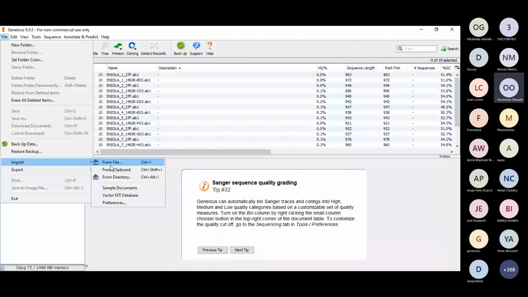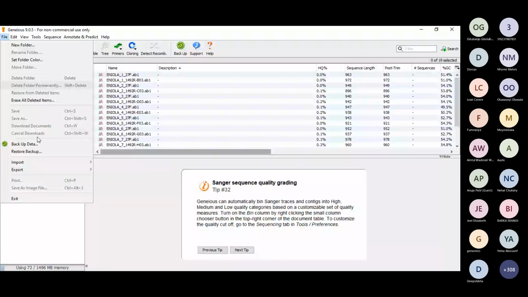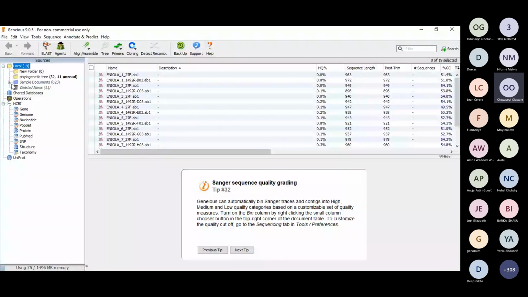With the imported data, you can use different tools for analysis. Right here, you can see different folders that contain nucleotide sequences and samples.